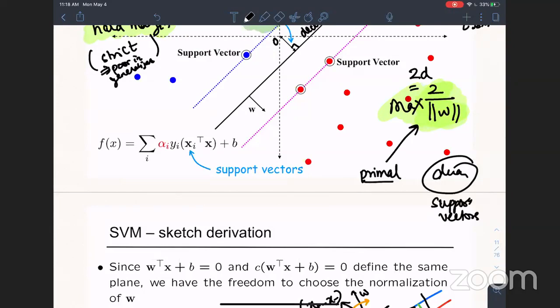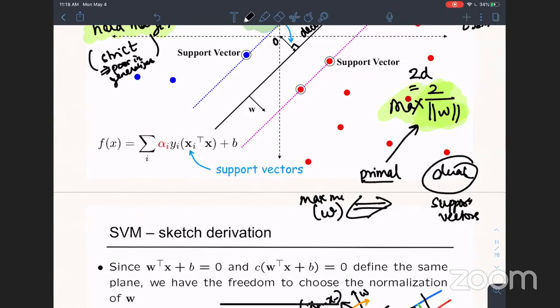Optimizing for support vectors in the dual problem is the same as finding the maximum margin in the primal problem. Finding the maximum margin probably will give you W, because it's optimizing on W, which is equivalent to finding support vectors in the dual problem. We'll see more about that when we talk about kernelization.